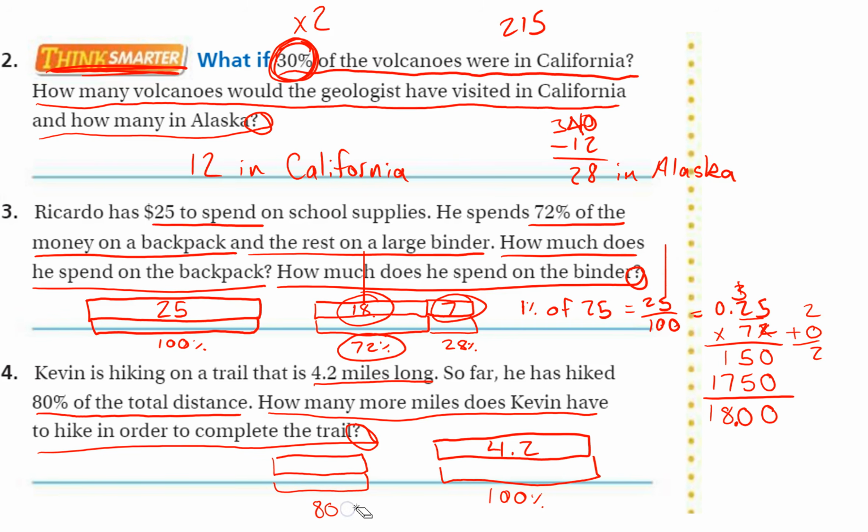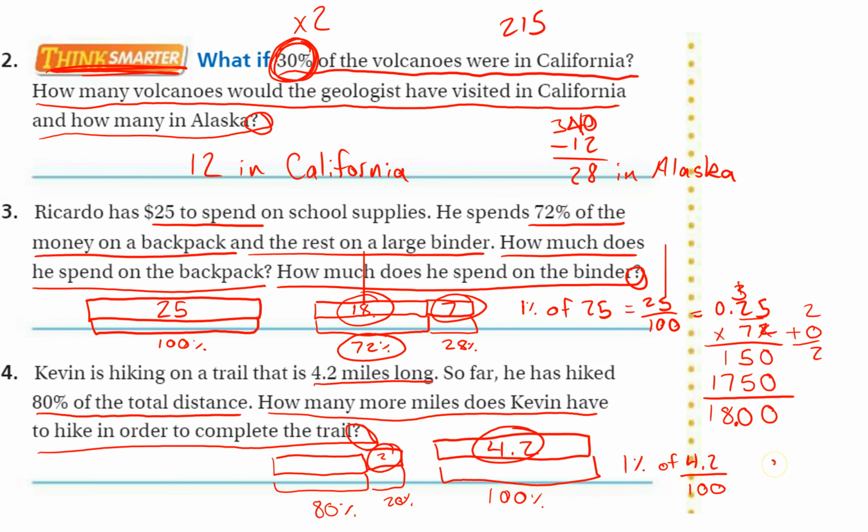Whoops, 80%. And so we need to find that additional 20%. That's how much he has left to complete the trail. So first I need to find 1% of my total, 4.2. And that's just going to be 4.2 over 100, which means I need to move my decimal 2 places to the left.